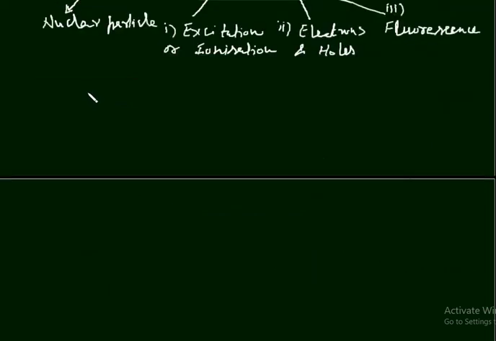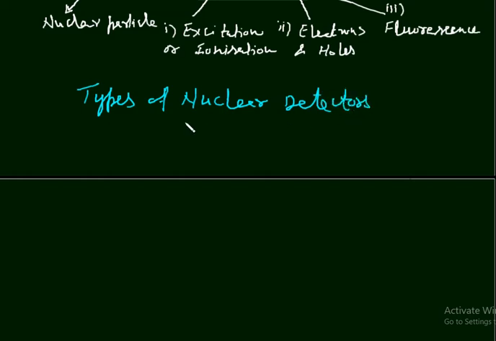Now we will discuss types of nuclear detectors. We have different types of nuclear detectors, and the first one is historical.